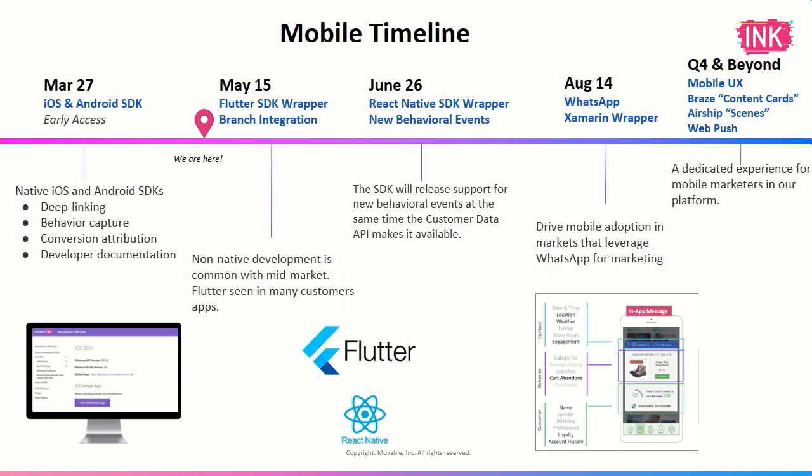There's another wrapper called Xamarin that's coming in August. And then Braze and Airship are doing some really cool things with this concept of content cards and scenes. So we'll be supporting more mobile experiences with our partners, like those two in particular, and other mobile partners to make sure that you can maximize this channel in your marketing mix.